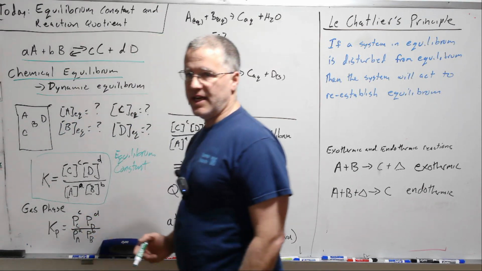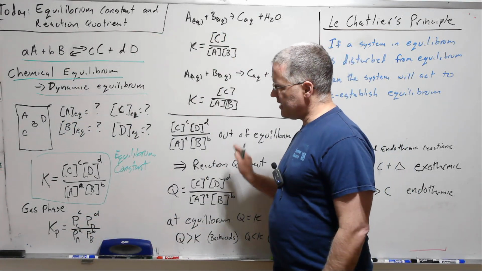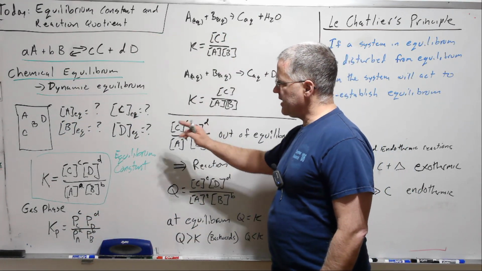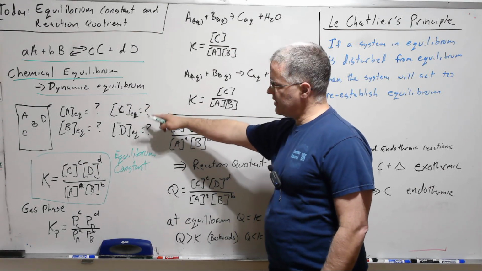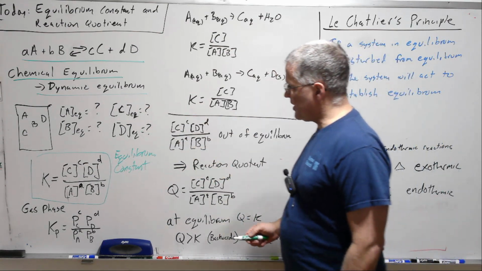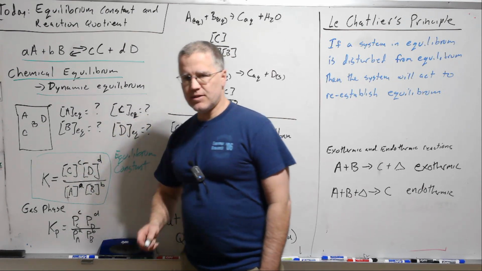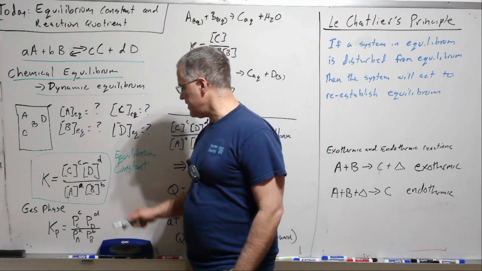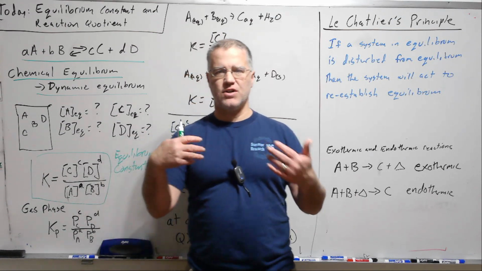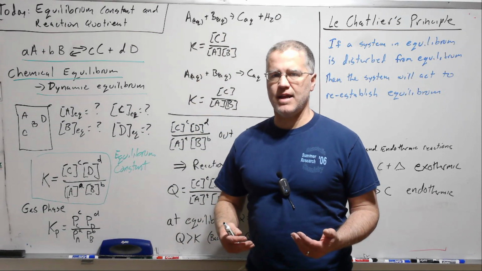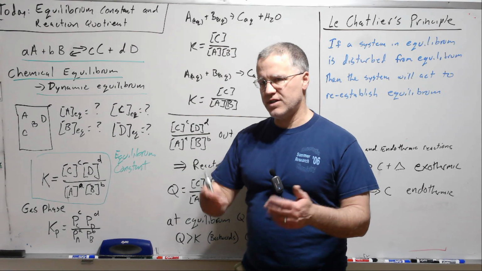So we'll stop short today, and at least for a little while, on getting the actual values for these, but we can say something about the ratio. And it's a complicated ratio here, but it's products over reactants. And so there's this mantra in chemical thermodynamics, products over reactants. What does that really mean?